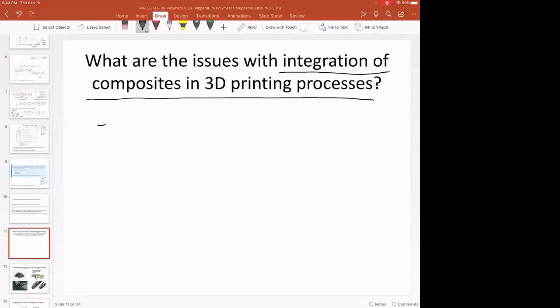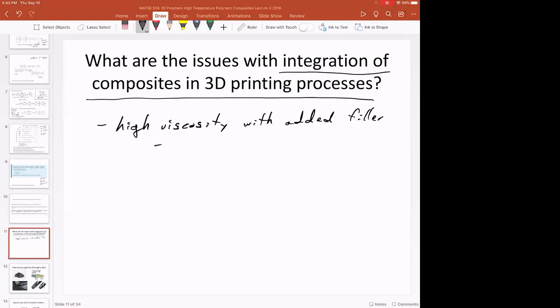Might you have problems with melting? So you could have, let's say, high viscosity with added filler.